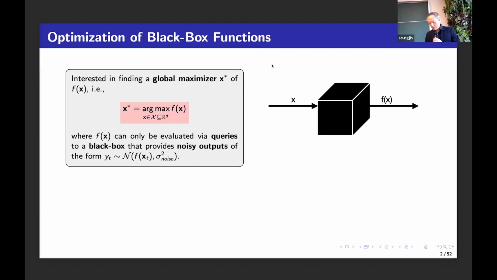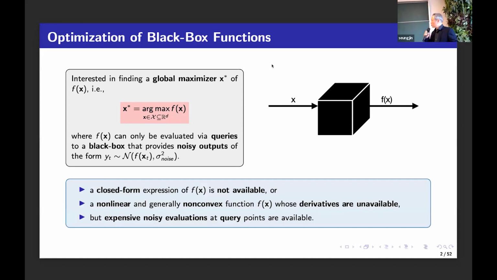Typically, the closed form expression of the function f of x is not available to us. Also, f of x is in general a nonlinear or non-convex function, and we do not know the gradient of f of x either.